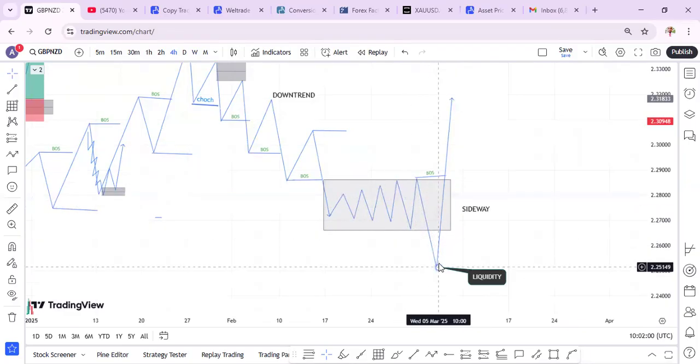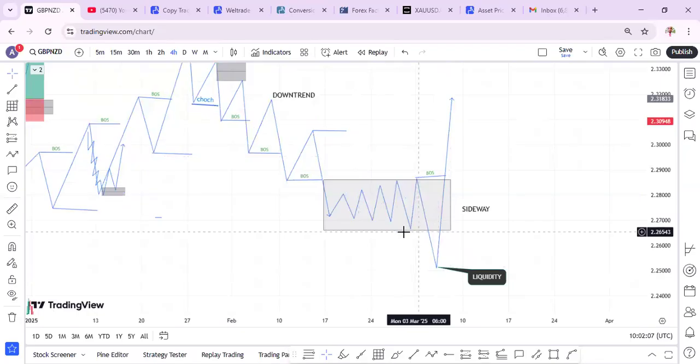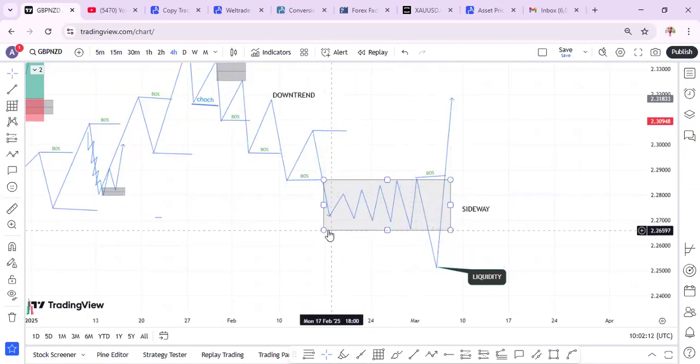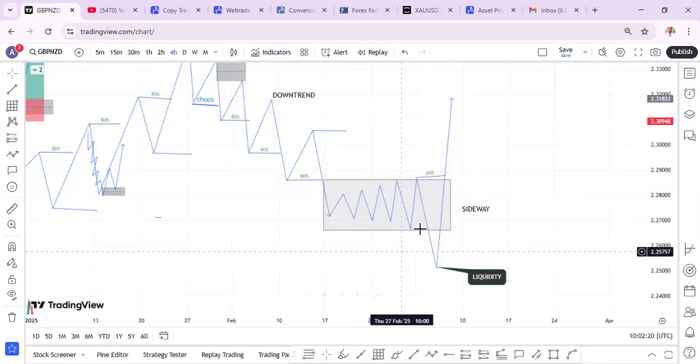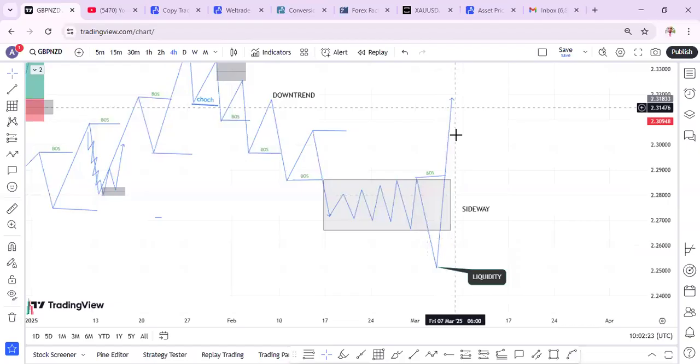But what happened? You see a sharp movement. So this is liquidity. What happened here is that all the stop losses, buy limit, buy stop loss, all the limit orders that are here, price came to sweep, to take everybody out, and price reversed.